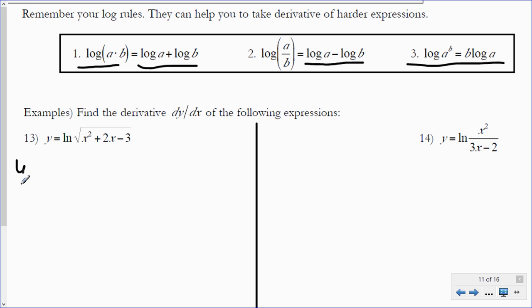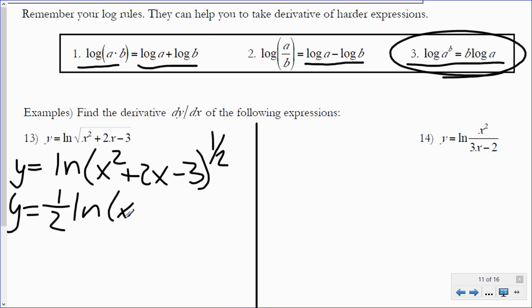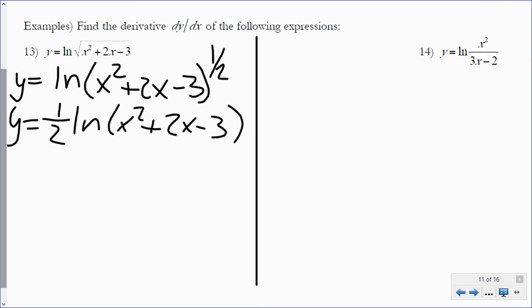So again, like always, we're going to convert that square root to the 1/2 power. But then we could use this property, bring the 1/2 down in front, and multiply it times the logarithm. So now, when we find our derivative, it'll be a lot easier.